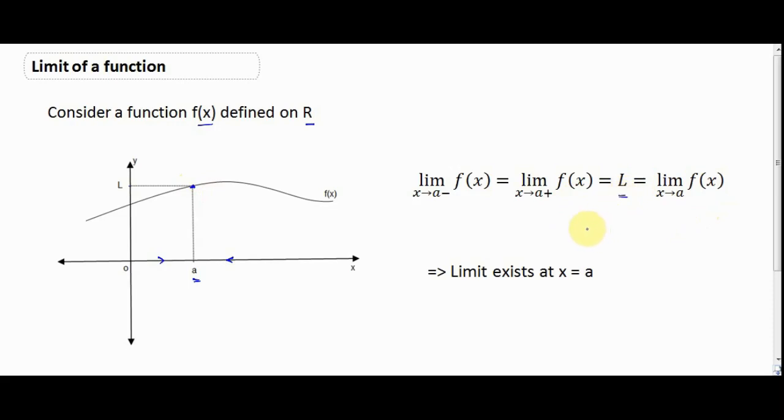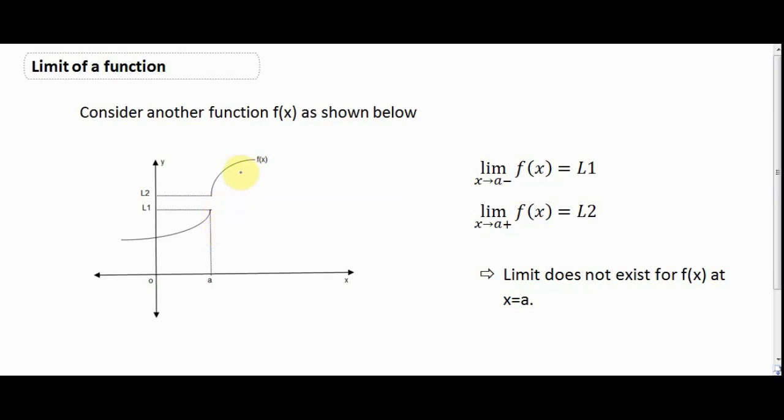Okay, now let's see another scenario. Here we have a function f of x which is discontinuous. Okay, so at the point a, the function is getting discontinuous. Now when you approach the point x equal to a from left side, you can see that the value of f of x tends to the value L1.